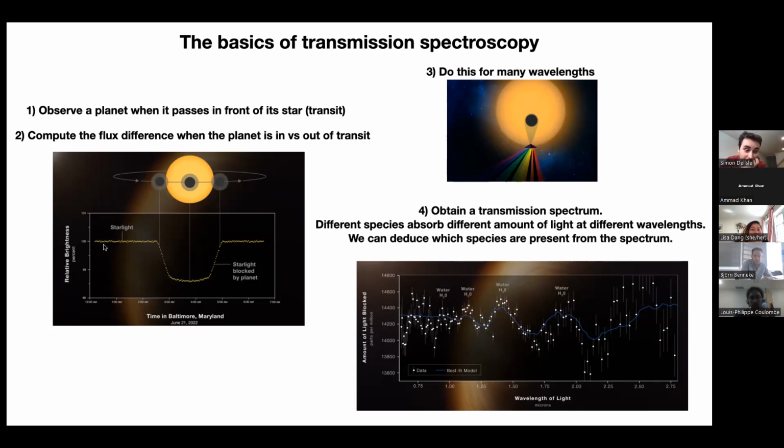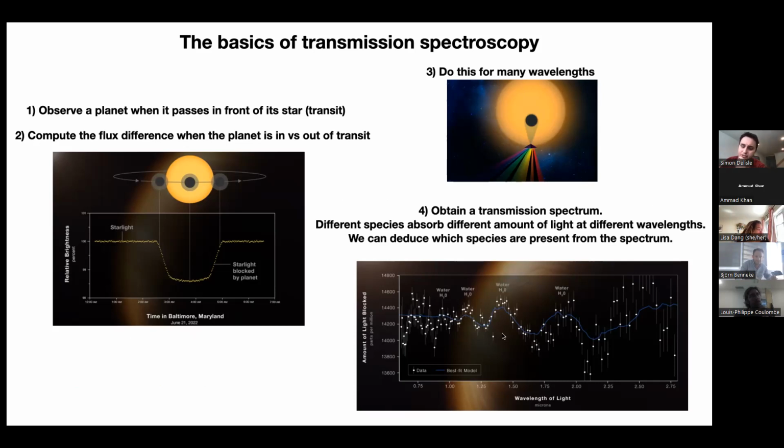So you do that, and then you compute the flux difference when it's in transit versus out of transit. And you do that for many wavelengths. Then you can plot basically for each wavelength that difference in flux. And what that spectrum tells you is which molecules are in the atmosphere, because different molecules absorb more or less at different wavelengths.